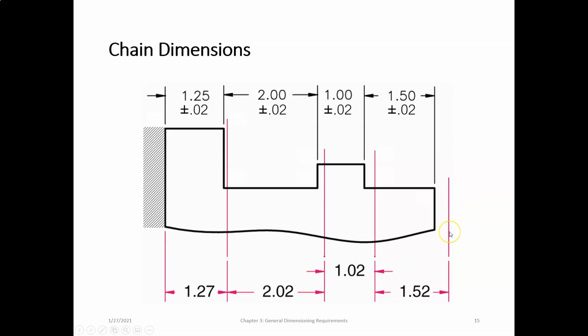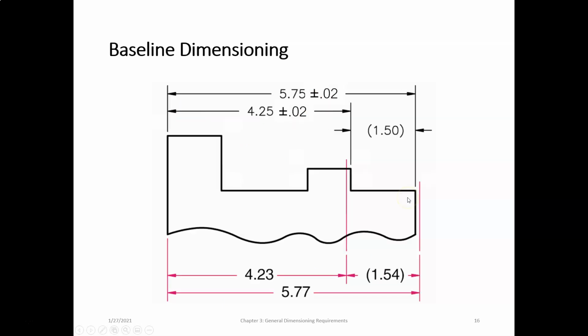And now this is what happens when we have tolerance accumulation. The accumulation of 0.02 inches all the way to the right affects this surface, pushing it all the way out 0.08 inches past where you intended it to be. And oftentimes this is unacceptable. All right. And oftentimes this is not something that is readily seen. And so that's why we need to avoid this chain dimensioning system as much as possible.